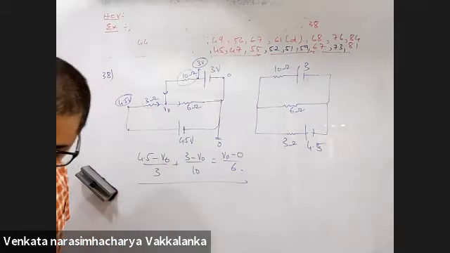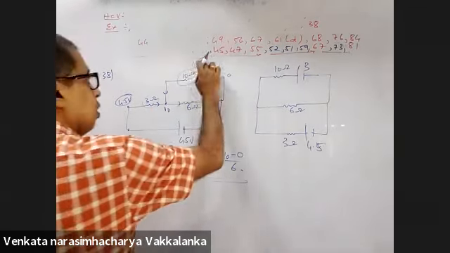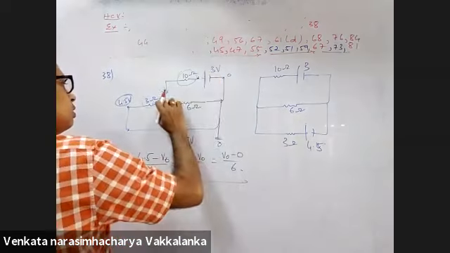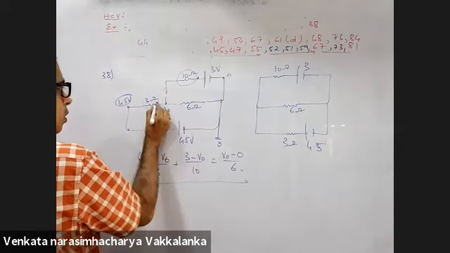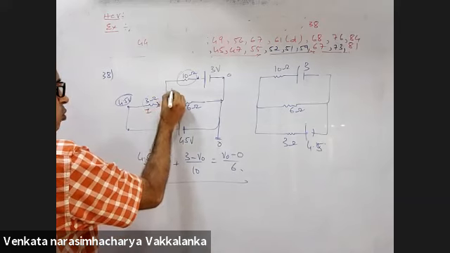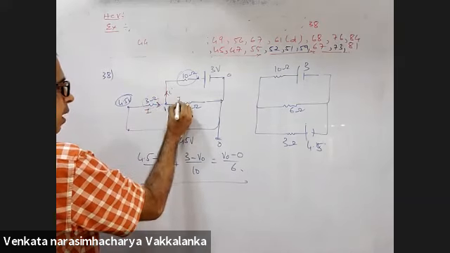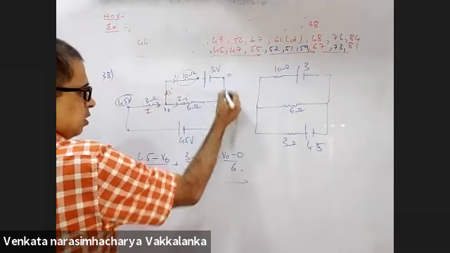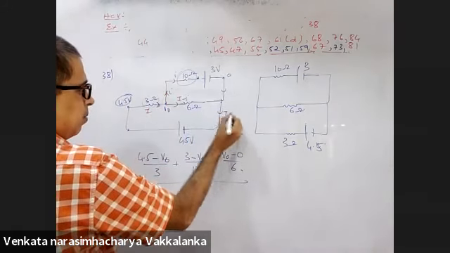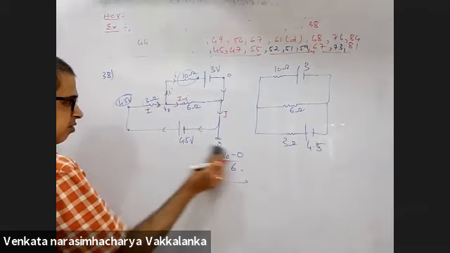You want me to apply KVL? So can you just write the equations, sir? I'll then check my equations. I took capital I here, small I in this loop, capital I minus small I in this loop. Small I comes here, small I comes here, capital I comes back. Are we okay with that?